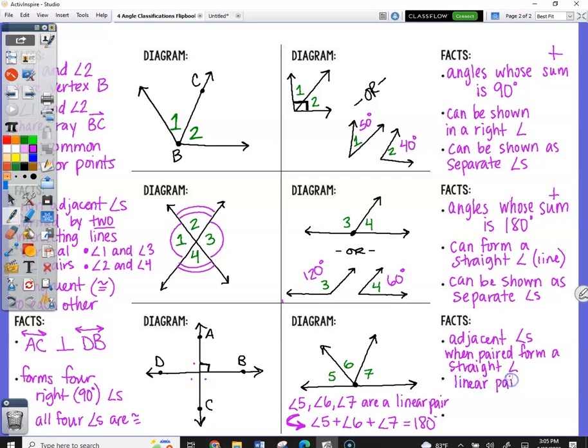Linear pairs are supplementary. Linear pairs are supplementary every time. If I say they're a linear pair, that means they add to 180. Fact 3 is because linear pairs are supplementary, you can write angle plus angle to equal 180. Whatever your picture looks like, you know what I mean? If it's 2 angles, if it's 3 angles, you can write that equation.